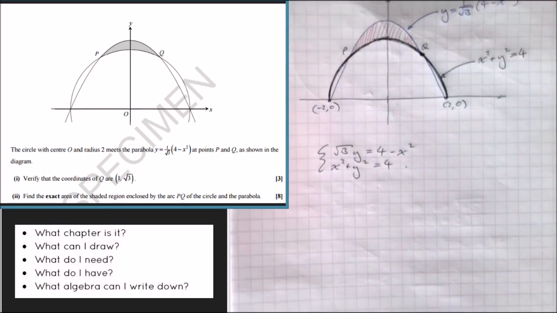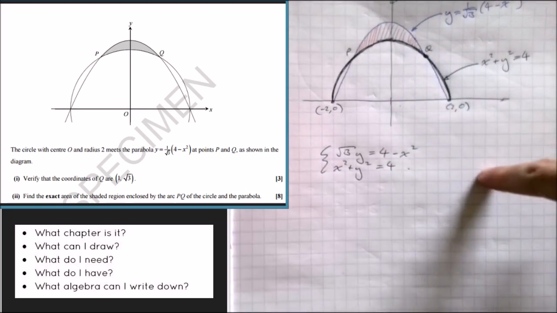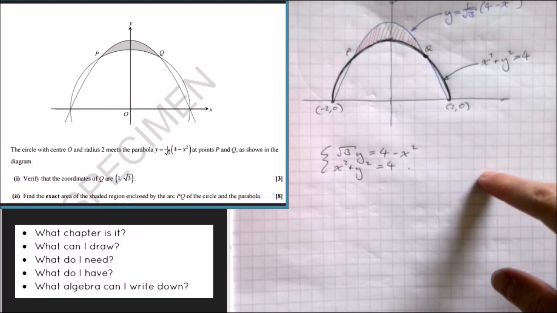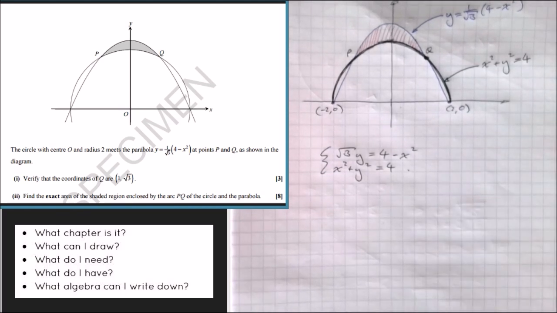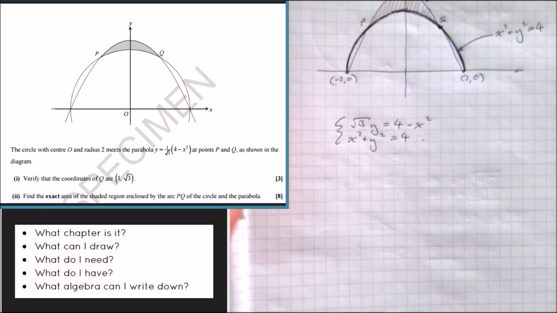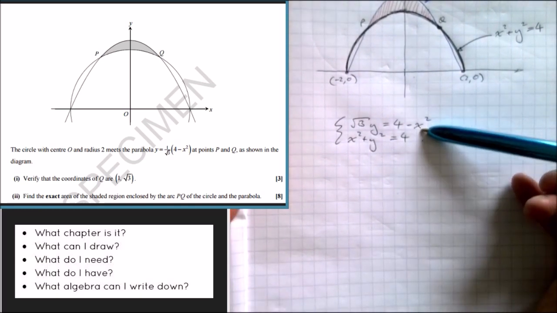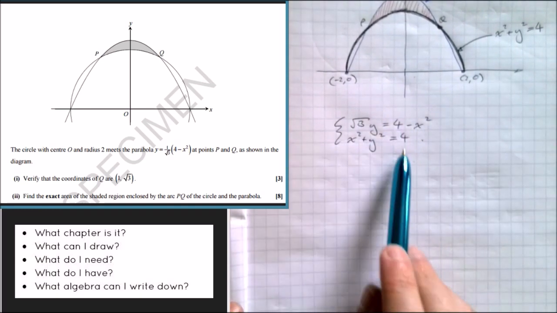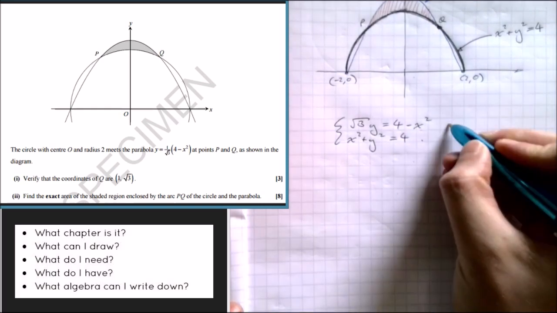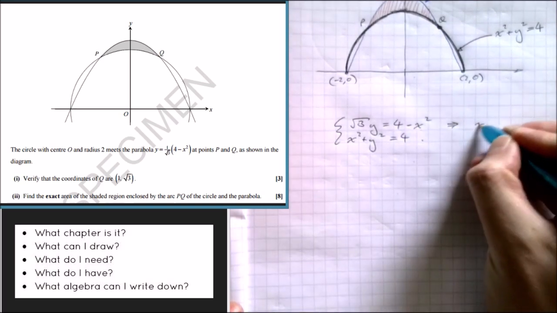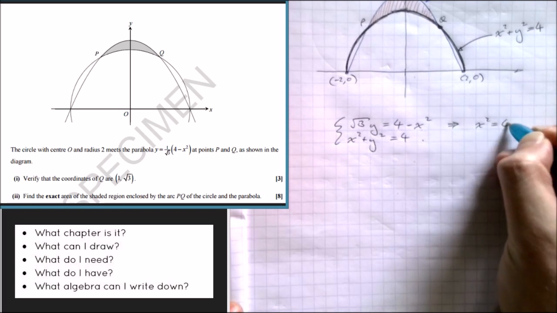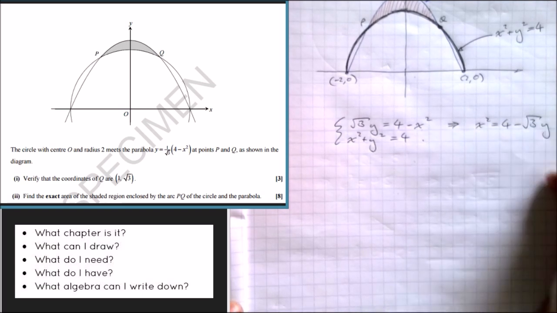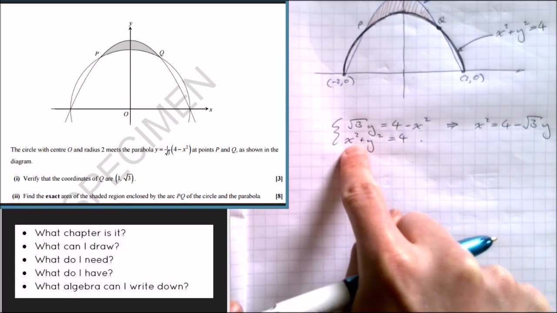As before, if you got stuck and haven't got up to this stage, pause the video now and give it a go from here. But I'm going to get stuck into this simultaneous equation. I reckon the easiest way of doing this is to rearrange this one to give x squared equals 4 minus root 3 y and put that in there.